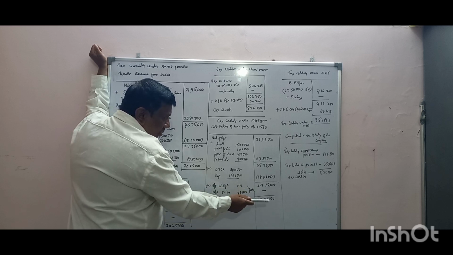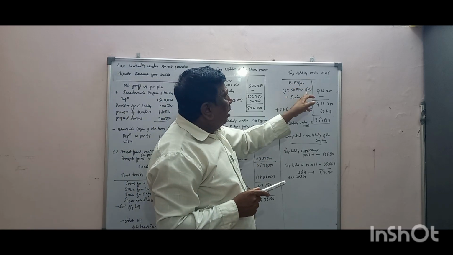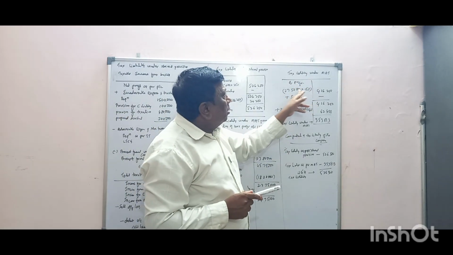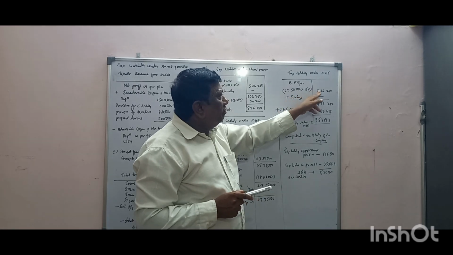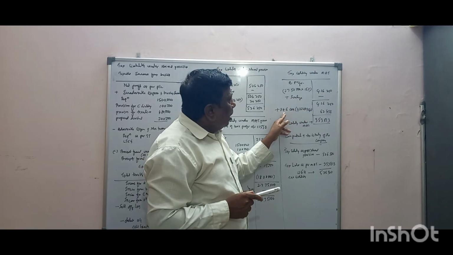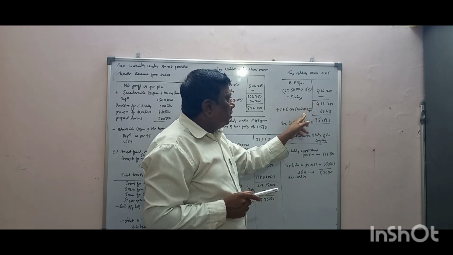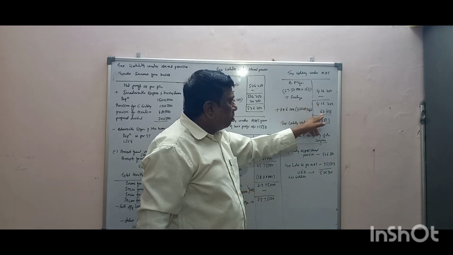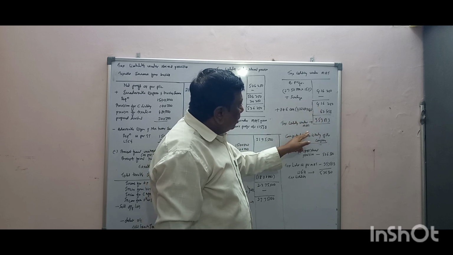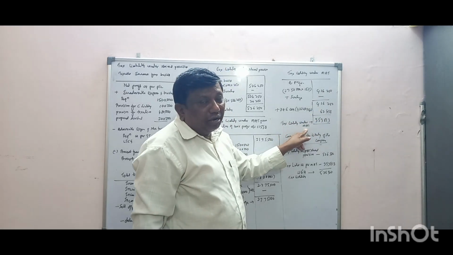So 27 lakh 75,000. Under MAT, the rate is 15%. So 27 lakh 75,000 into 15%. Surcharge is not applicable. Add health and education cess, 4% of 4 lakh 16,250, which is 16,638. If I add, this should be tax liability under MAT provision.